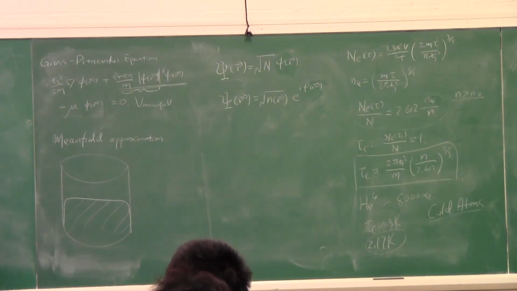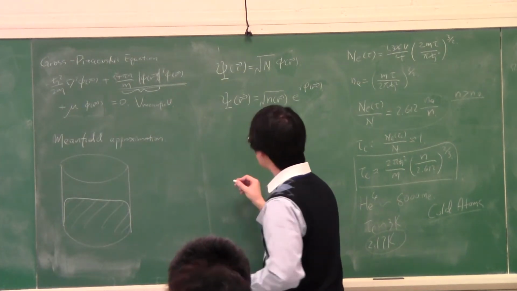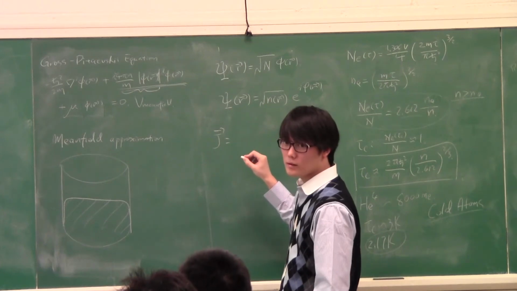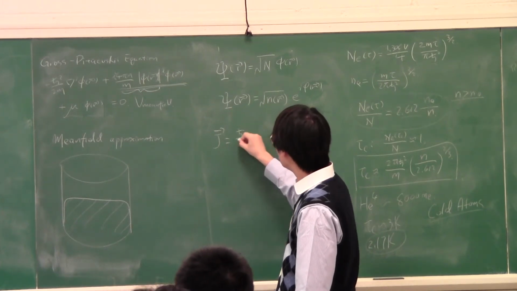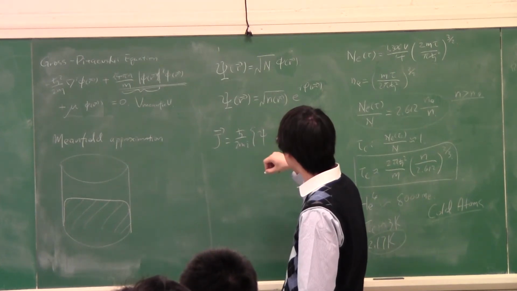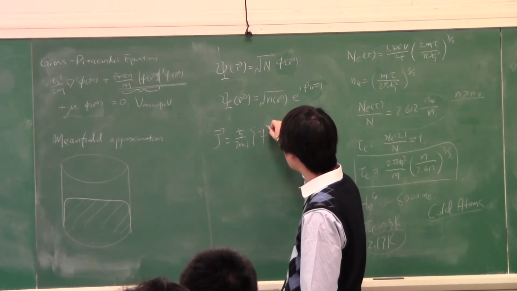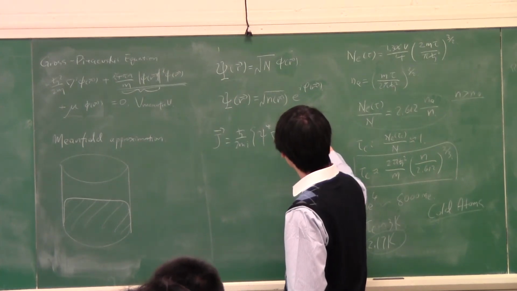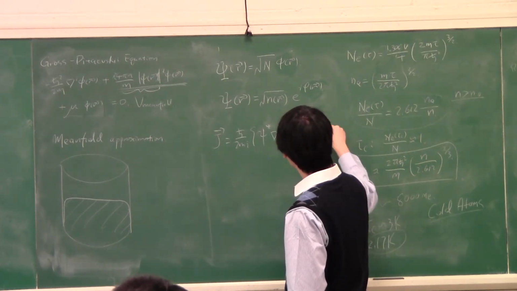So if you recall, what is the probability current? J equals h bar over 2mi, times psi conjugate gradient psi minus its complex conjugate.